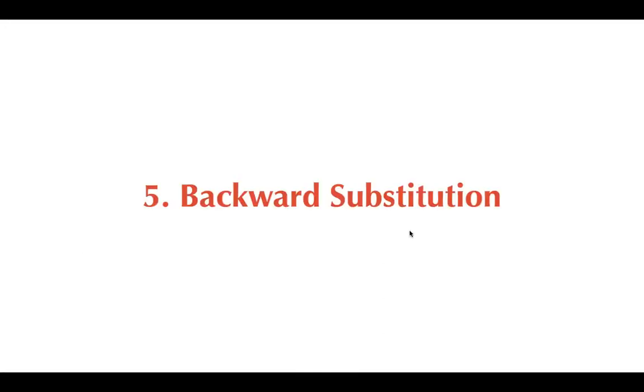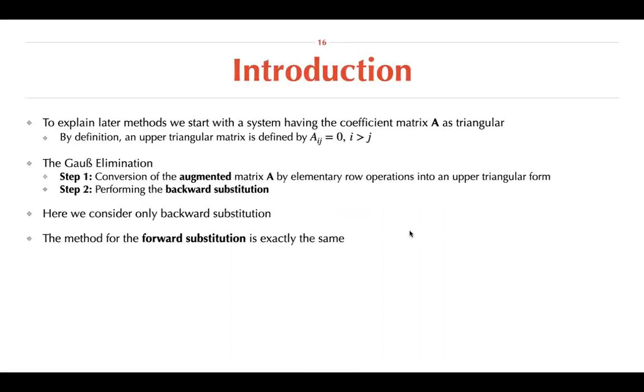So the first method that we'll talk about is the backward substitution. Perhaps the name itself should give you some insight into what we are going to do in this case. Although this might seem a bit artificial, because many of the systems will not come in this form. First let me say that backward substitution is applicable when you have an upper triangular matrix.